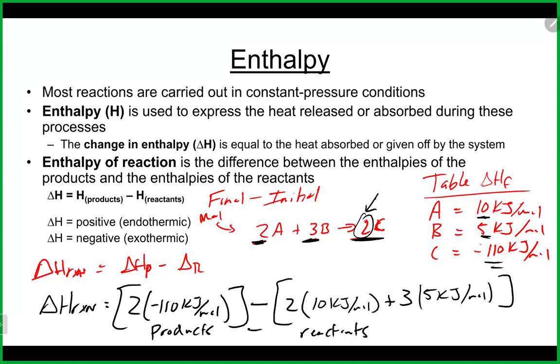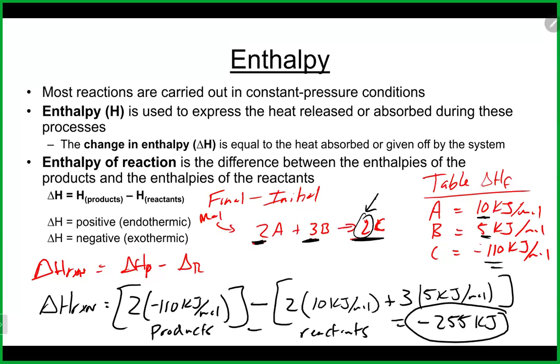And if we do all this, 2 times negative 110 minus 2 times 10 plus 3 times 5, and we do all that, we will end up with a delta H for this reaction of minus 255 kilojoules. First off, any question on how to do that calculation there?